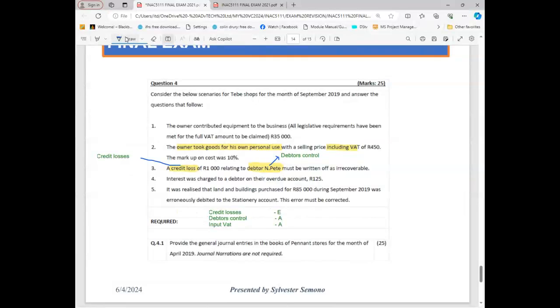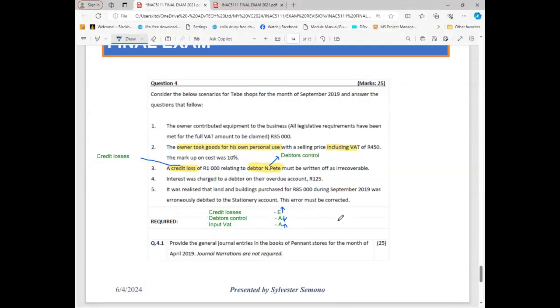Now we need to check the movement. With credit losses, I've got more expenses, so they will go up. What will happen to debtors? If you cancel a debtor, the amount of debtors will go down, so debtors control will go down. And VAT, when you see VAT here, it will go up.